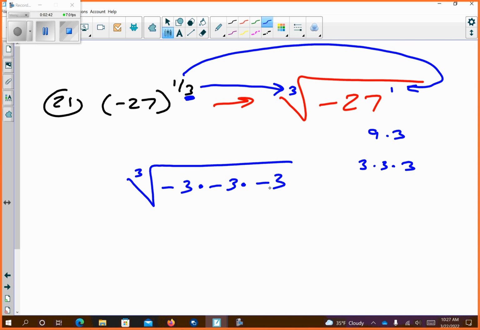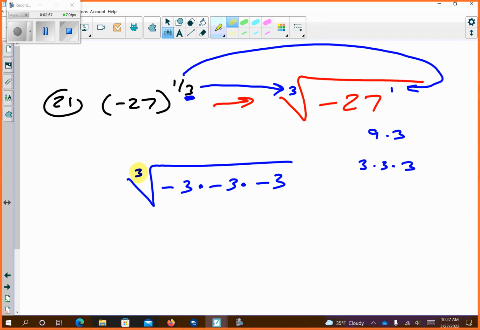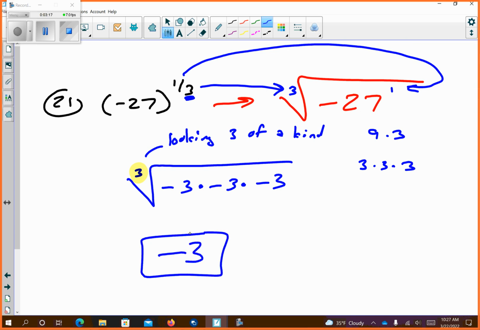So if I'm taking the third root, that means I'm looking for 3 of a kind. Do I have 3 of a kind underneath the radical? I do. So the third root of negative 27 is negative 3, and it's done.